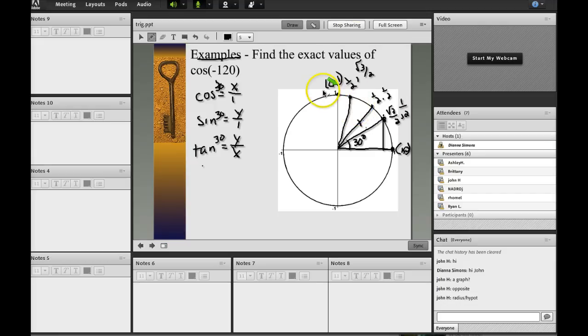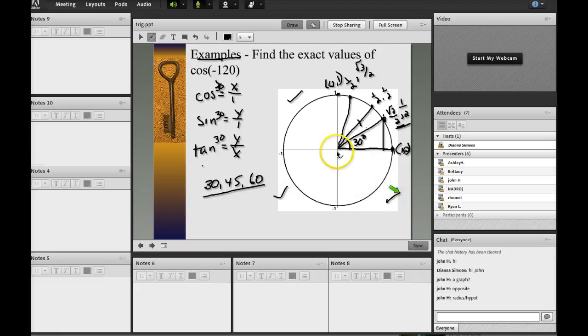Now, the important thing about the unit circle is these standard angles, 30, 45, 60. These are the standard angles, and these numbers over here are going to be the same as the ones over here, as the ones over here, as the ones over here, but different signs, right?